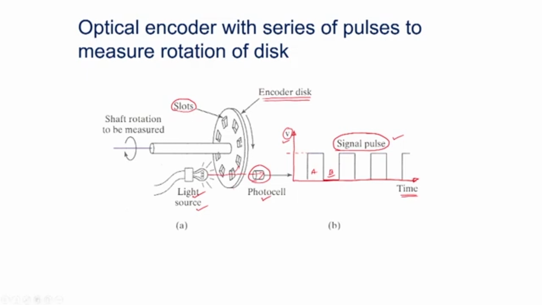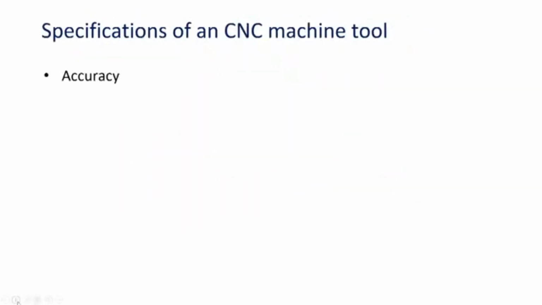So, how to specify a CNC machine tool? In general, CNC machine tools are specified based upon the accuracy of the work parts or the products which are developed. Then repeatability, to what extent we can repeat the same performance of the machining or the laser based operation.